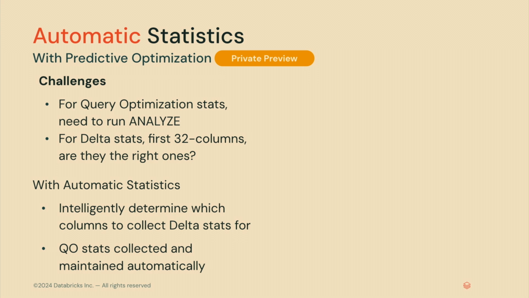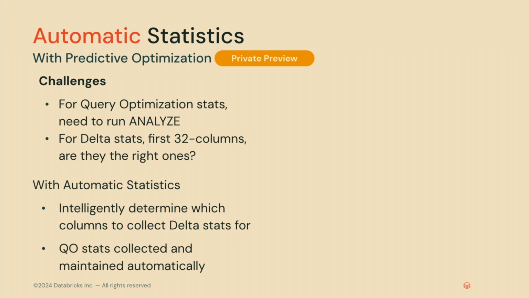And in fact, collecting these statistics during ingestion is actually more efficient. The time it takes to write new stats during ingestion is actually 20% faster than running analyze as a standalone operation. Predictive optimization can then intelligently update the stats used to optimize queries by running analyze in the background.